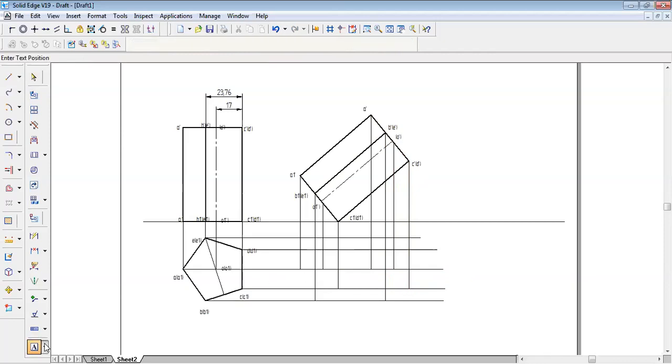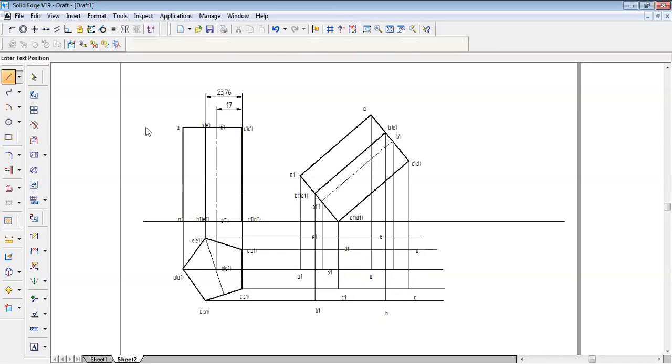So this is A1, this is B1, this is C1, this is D1, and this one is E1, and this one is O1. And here this is A, this is B, this is C, this is D, this is E.